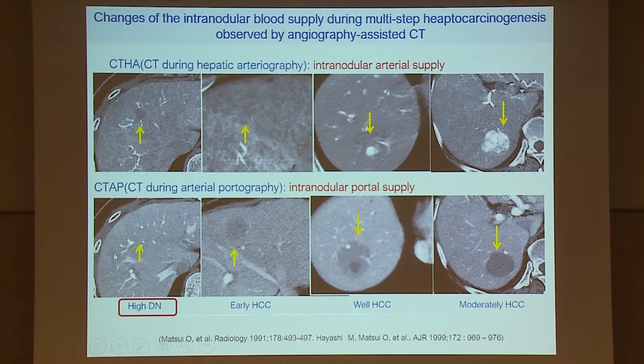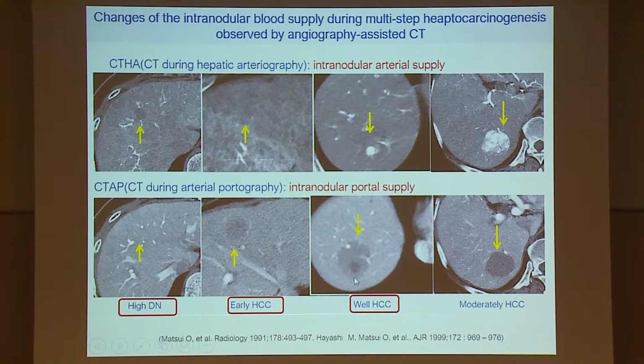And this nodule is not identified on CTAP, indicating almost the same internodular portal supply relative to the surrounding liver. The typical blood supply pattern of early HCC is, on CTAP, you can see a faintly hypodense nodule. This means that portal supply is reduced in the nodule, but not absent. And on CTHA, this nodule is not identified, indicating almost the same internodular arterial supply relative to the surrounding liver.